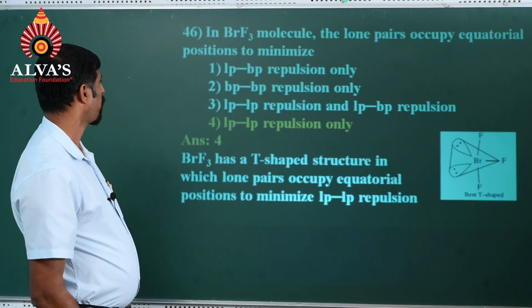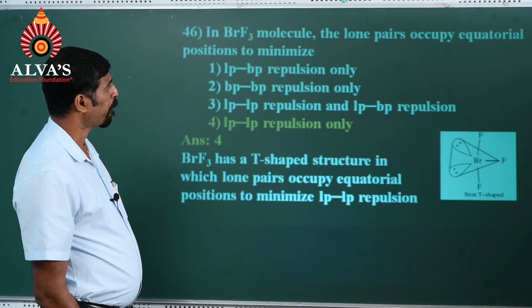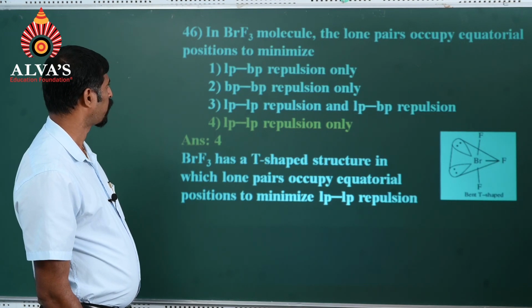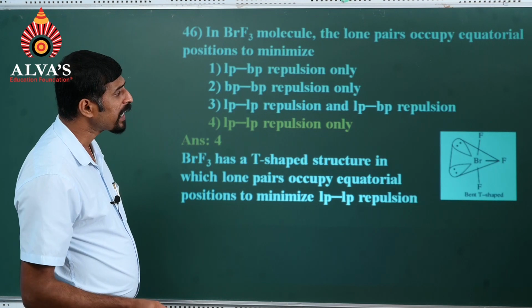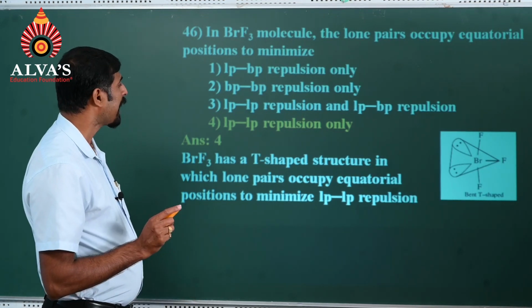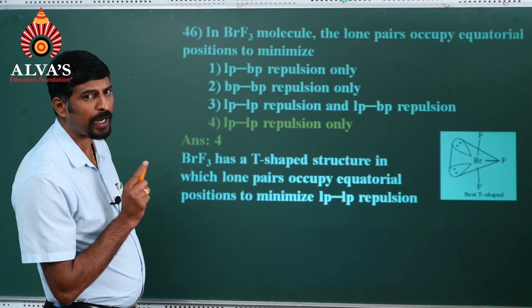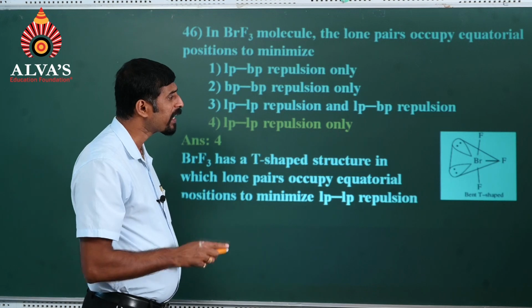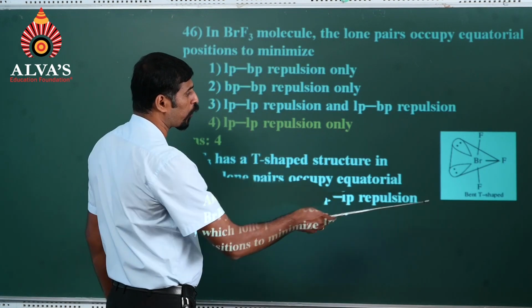Next, we will move on to question number 46. In the BrF3 molecule, the lone pairs occupy equatorial positions to minimize. The lone pairs occupy equatorial positions to minimize the inter-electronic repulsion. There is a repulsion between the lone pairs, and in order to minimize the lone pair repulsion, they occupy the equatorial positions.